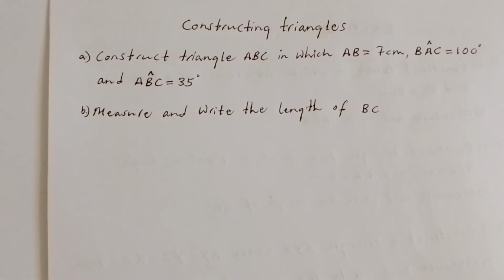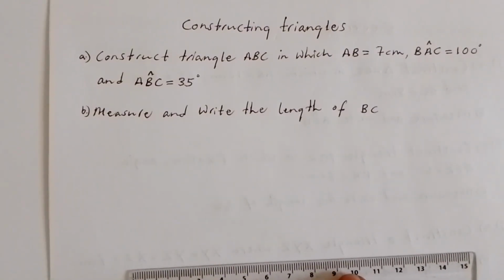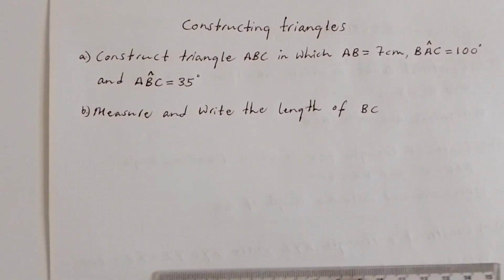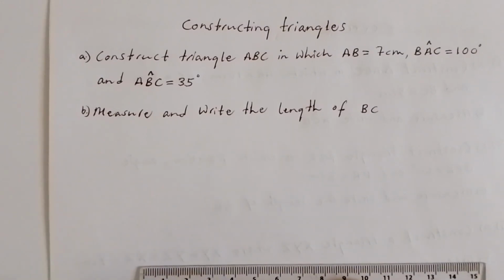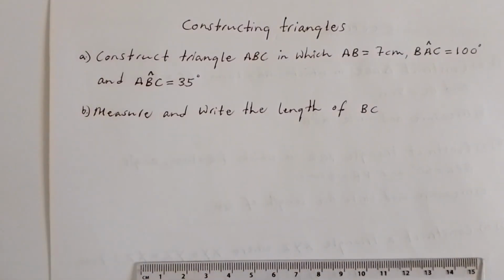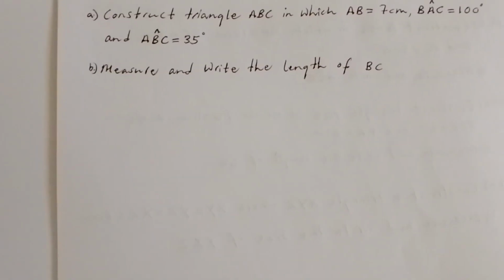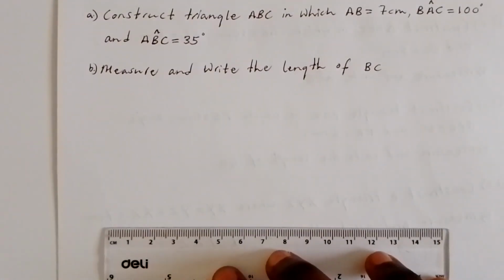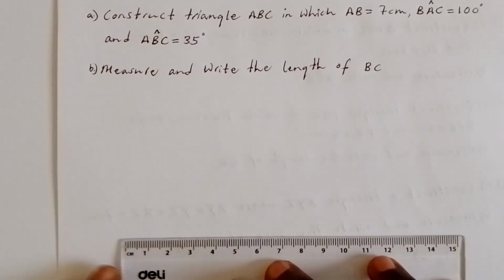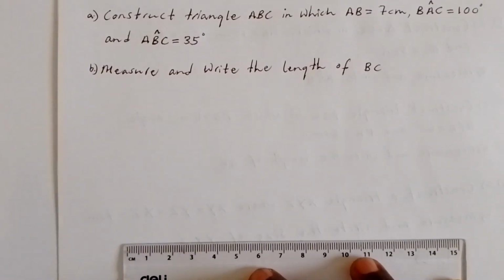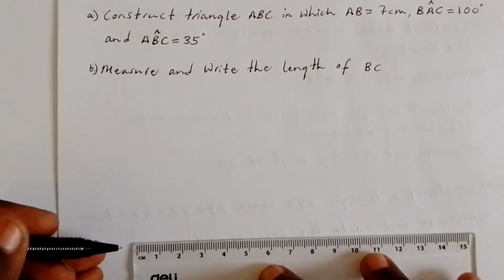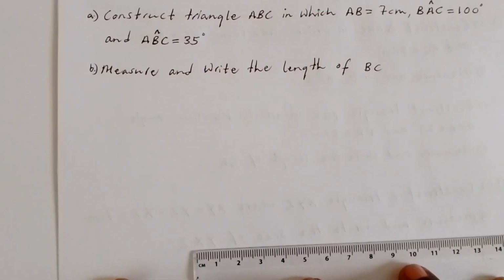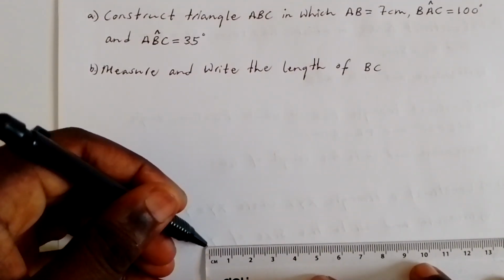So what you do first, you measure the length AB, which is 7 centimeters. So you get your ruler. I construct my 7 centimeters length somewhere here.